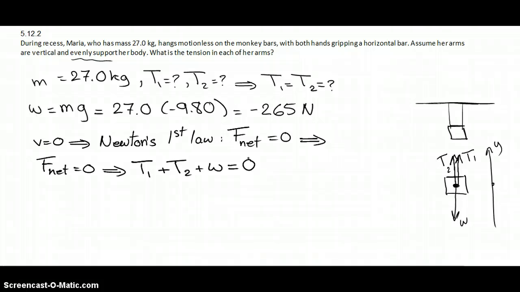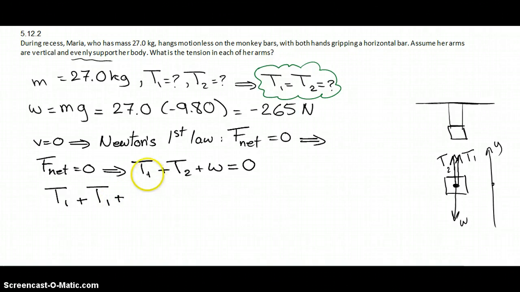T1 is a variable. I want to find it, so I'll just leave it. T2 is another variable, but I know that they are equal because they said they are evenly supporting her body. So I can substitute T1 instead of T2, because T1 is equal to T2, just to eliminate one variable.